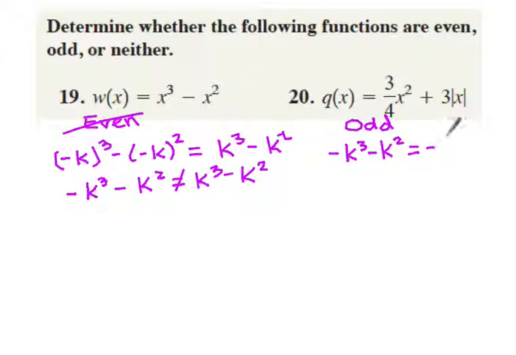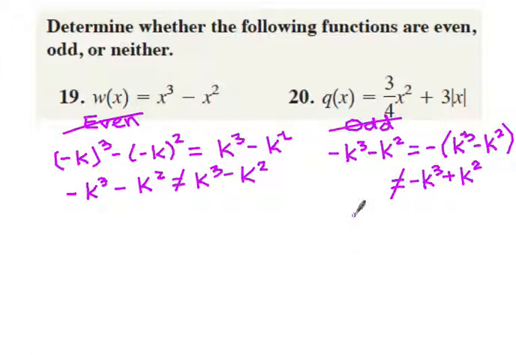So negative times our quantity k cubed minus k squared. As we apply that negative to both parts, we see that it will equal negative k cubed plus k squared. So are these the same? No, so this is not odd either. So in this case, it is neither odd or even.